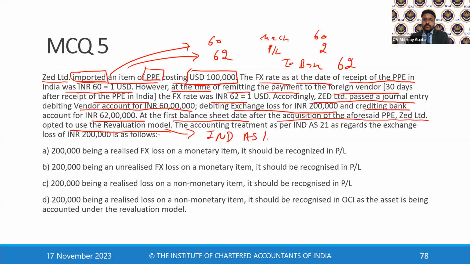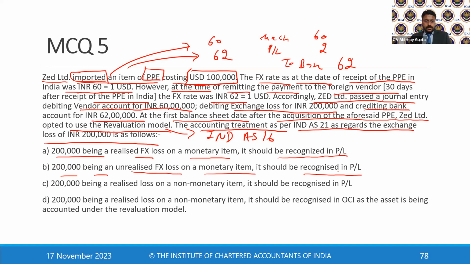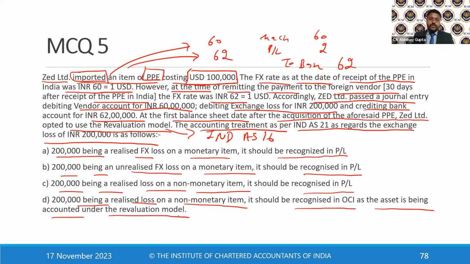The accounting treatment as per Ind-AS 21 as regards the exchange loss of INR 2 lakh is: 2 lakh being a realized forex loss on a monetary item should be recognized in the P&L. 2 lakh being an unrealized forex loss on a monetary item should be recognized in P&L. 2 lakh being a realized loss on a non-monetary item should be recognized in P&L, or 2 lakh being a realized loss on a non-monetary item should be recognized in OCI as the asset is being accounted for under the revaluation model.